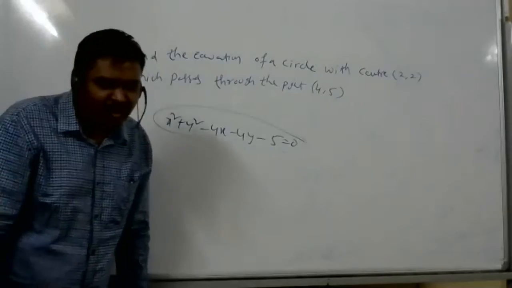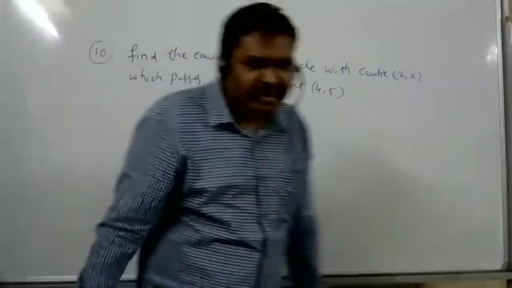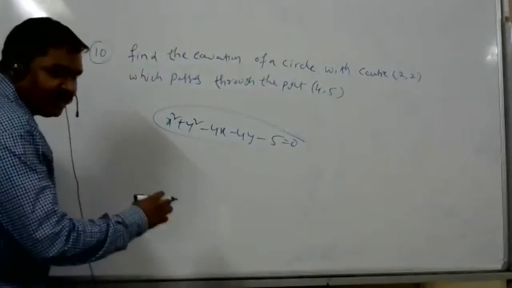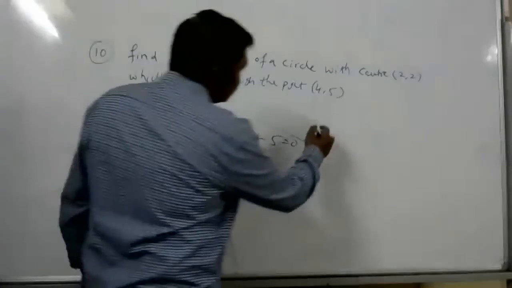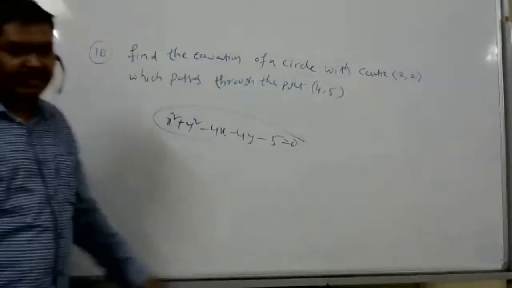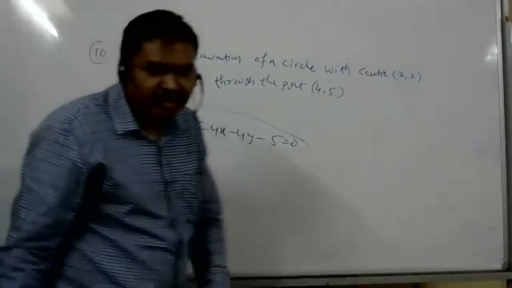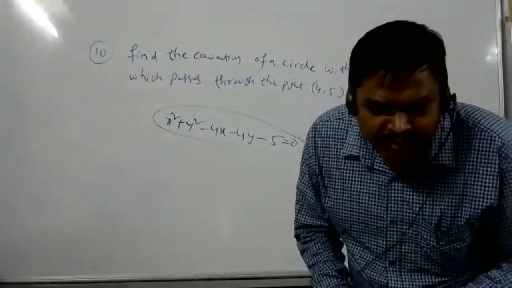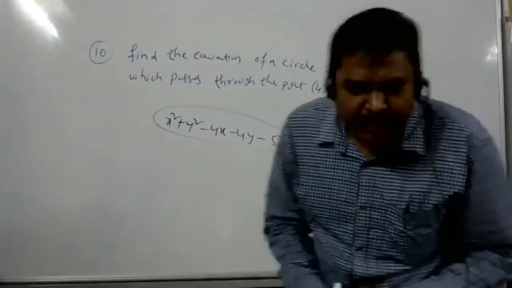Then find r square. R square is equal to 13. Sorry, 13, sir, not 12. Aryan? Yes, sir. Got it.